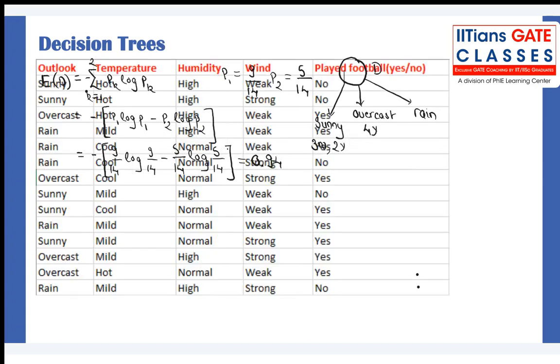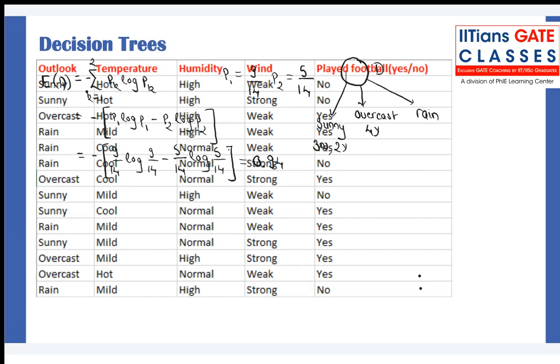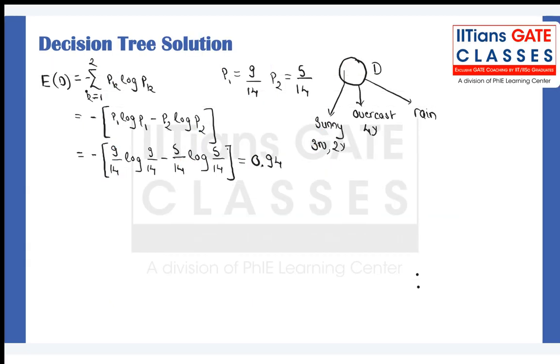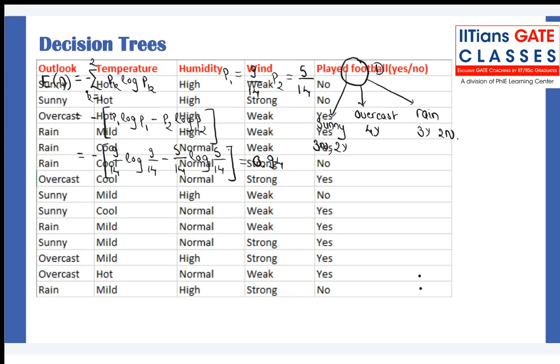And if it is rainy, it is 3 yeses and 2 no's. I hope that is correct. 3 yeses and 2 no's. Correct.